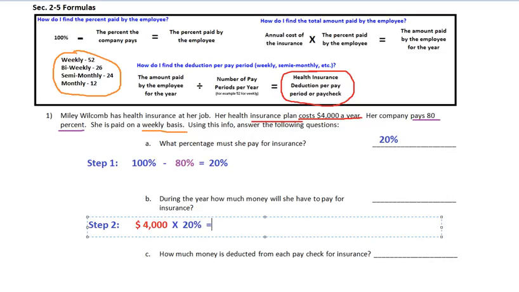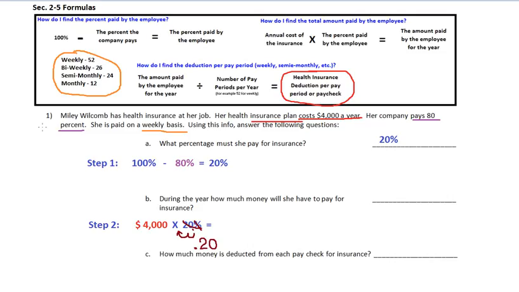Now, as a reminder, we didn't change the percentage to a decimal on step A, but we are going to have to do that now. So we imagine that there's a decimal right there, and we put in what I like to call the two little butt cheeks, and then that way we move the decimal over twice, and then we can rewrite it as 0.20, and now we don't need this anymore.